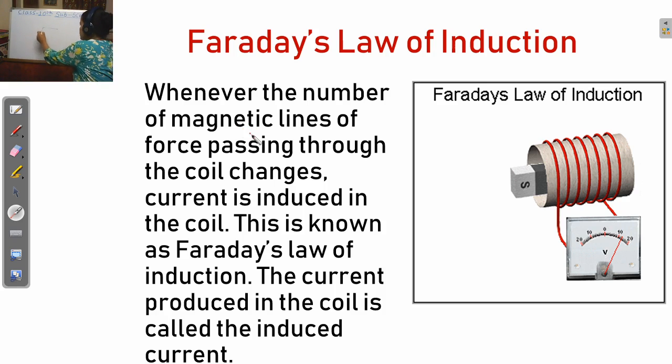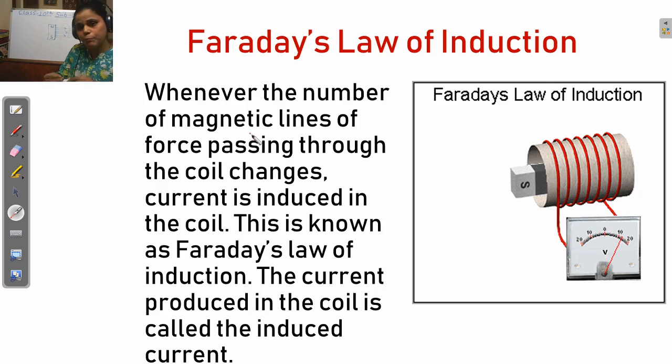Because this is the magnet, and when this magnet is kept near this coil, then not just one but many magnetic field lines are produced. In the middle part, the maximum number of magnetic field lines is produced rather than at the corners. So in the middle part of the magnet, the number of magnetic field lines is greatest.